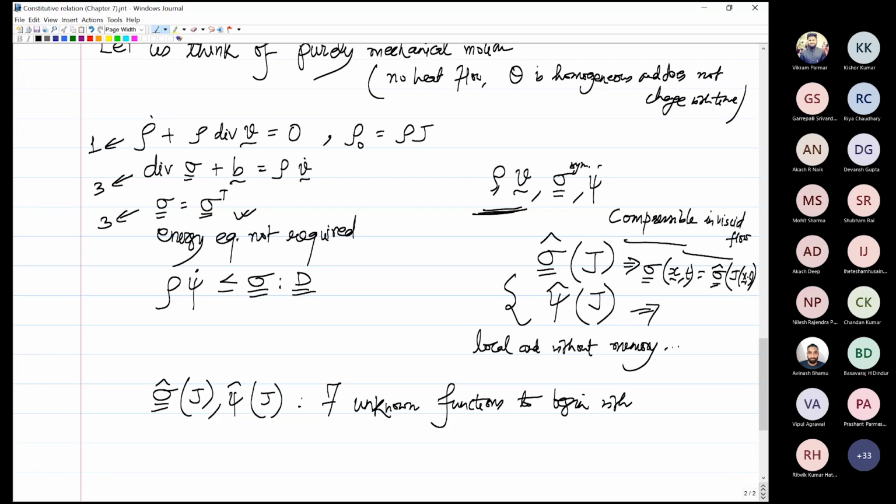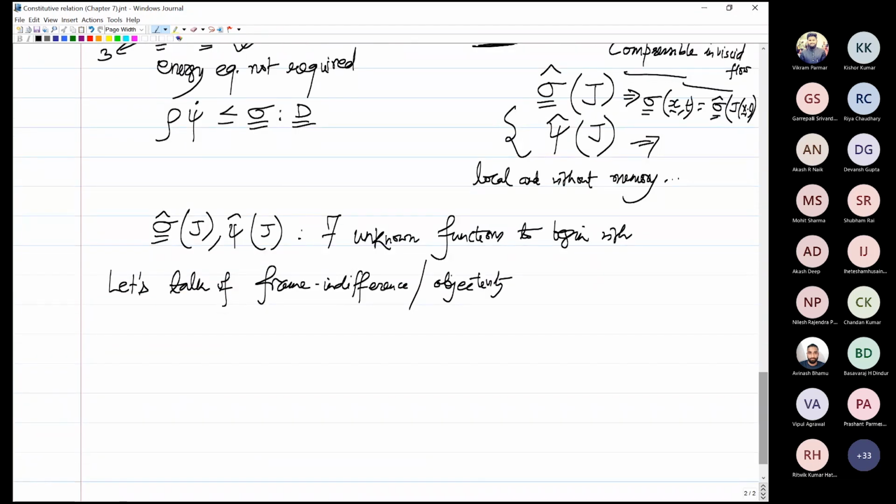So let's first talk of frame indifference. If you go from y to y star, frame indifference says that the constitutive response has to be also objective.